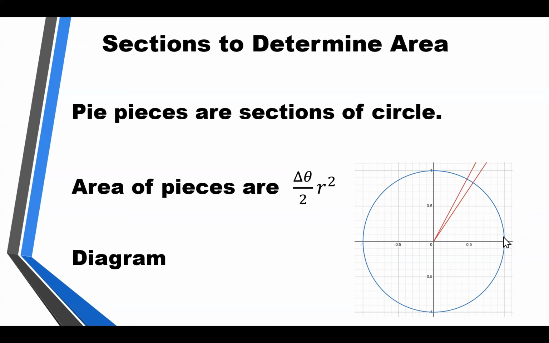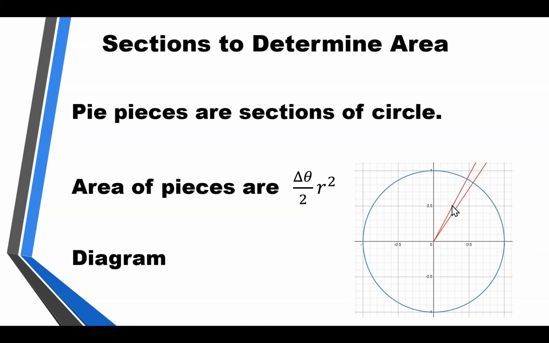A circle has total area of pi times r squared, which if you think about it, is like going all the way around the circle. That gives you a rotation of 2 pi, dividing by 2, and then multiplying by radius squared.